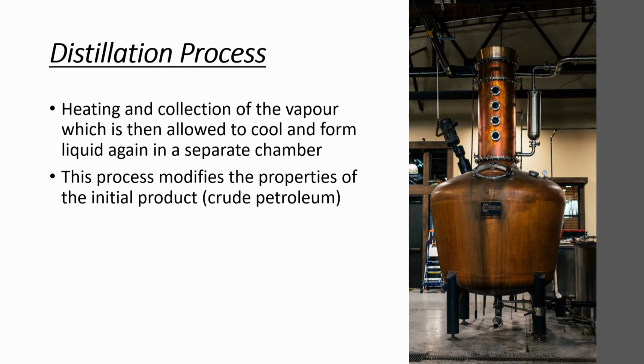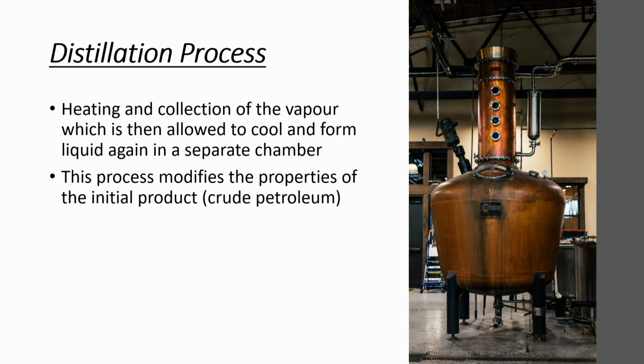Distillation process. Distillation is one of the main processes to focus on, as it is used in the refinery process. Basically, distillation is the heating of the liquid, in our case crude oil, in order to let the lighter fragments separate from heavier fragments by means of evaporation.